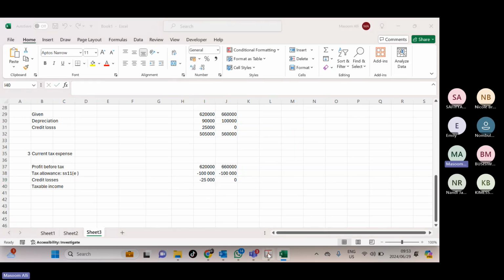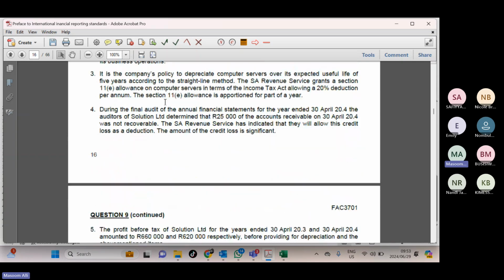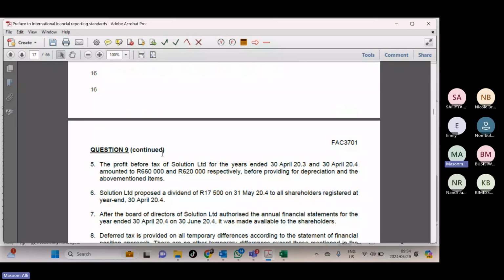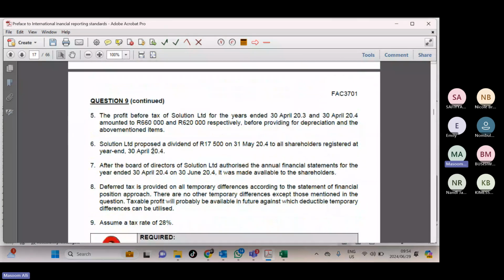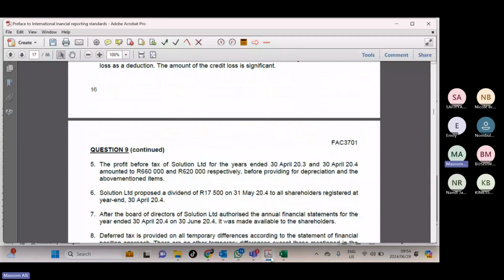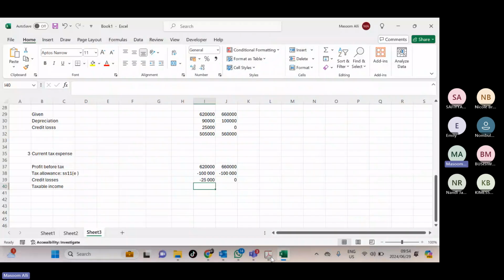So you take your depreciation allowance into account, and your wear and tear allowance, and your write-off of your bad debt, because SARS did allow it as an allowance for the current year. Then you just say it's equal to this plus this plus that.